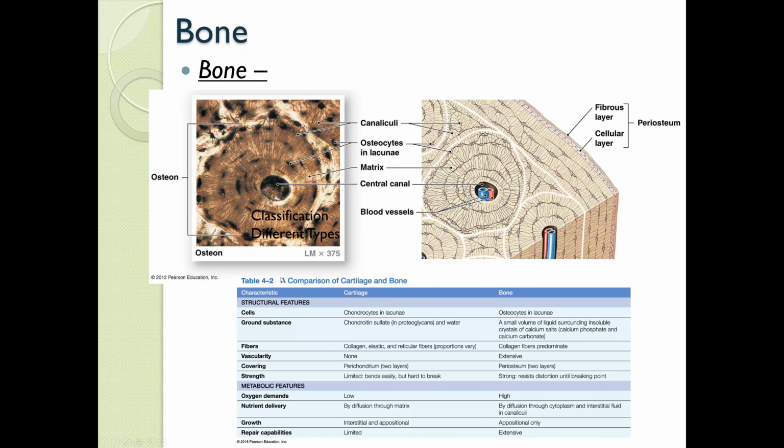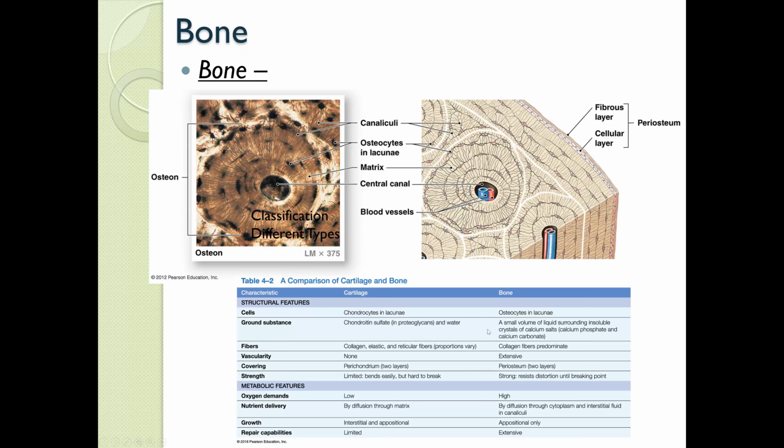So a final little comparison of cartilage and bone. In cartilage, the chondrocytes are the names of the cells, and they're found in the little lacunae pockets. In bone, we have osteocytes in the little lacunae pockets. The ground substance in cartilage is chondroitin sulfate mixed with proteins and water, and it's a gel-like matrix.